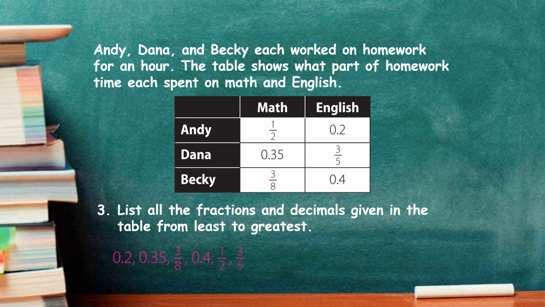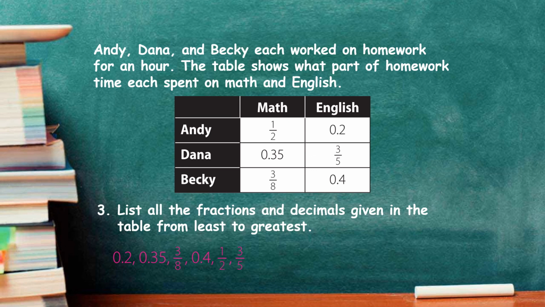Pangalawa ay 35 hundredths ng math ni Dana. Ang pangatlo ay 3/8 ng math ni Becky. Ang pang-apat ay 4/10 ng English ni Becky. Then 1/2 ni Andy sa math. And then the highest number is 3/5 ng English ni Dana. Okay, so that's it, di ba?